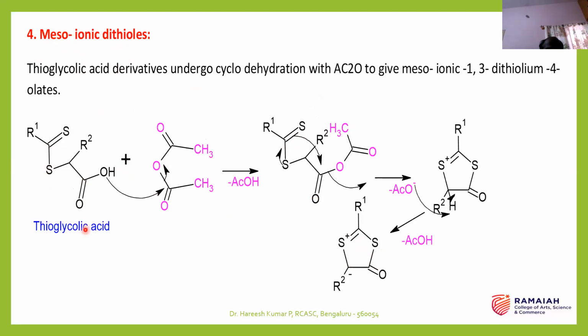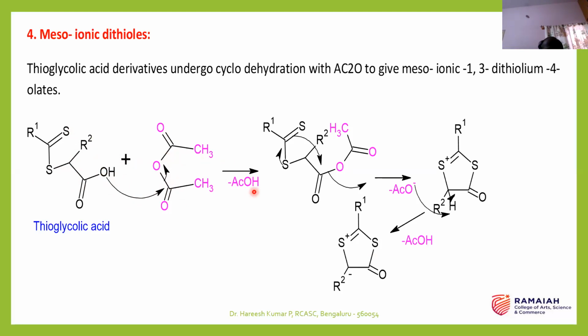Okay, the name of this compound is thioglycolic acid because of the presence of this sulfur. So this thioglycolic acid, when it is treated with acetic anhydride, as usual, the lone pair present on the oxygen will react with this carbonyl carbon, and this is a leaving group. It will go out along with this proton. Acetic acid is a leaving group.